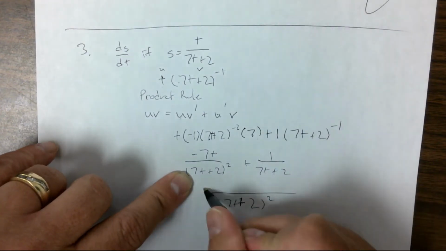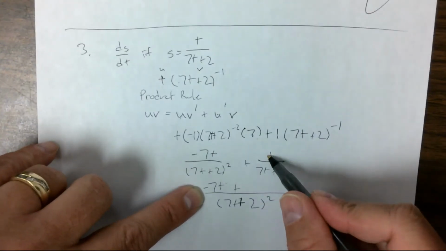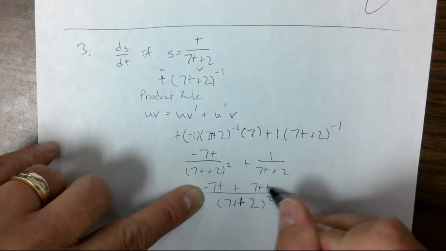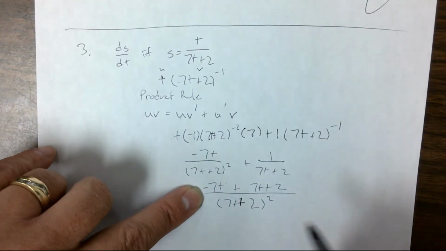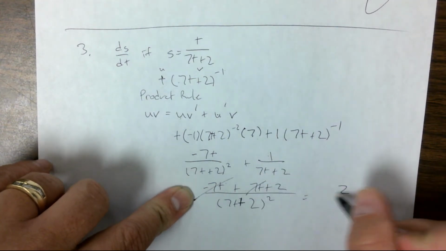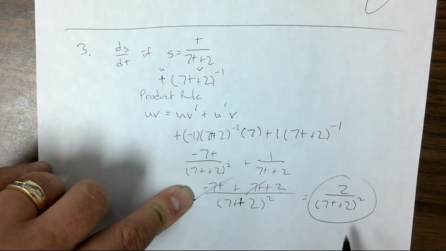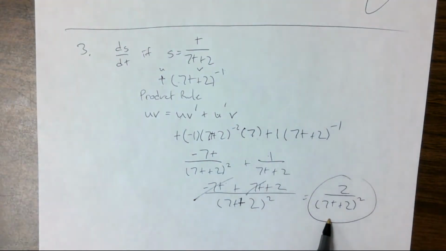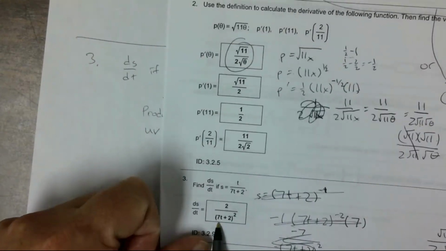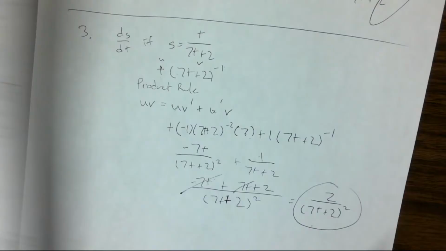So I'm keeping my numerator part on the left the same, but on this one I've got to multiply by 7t plus 2. And now when I do that, I can combine my like terms and these cancel. So you get 2 over 7t plus 2 squared. So that's what we want: 2 over 7t plus 2 squared. Okay, so that's number 3.